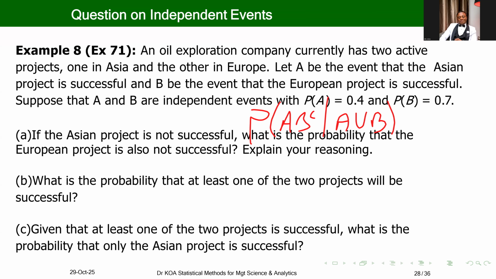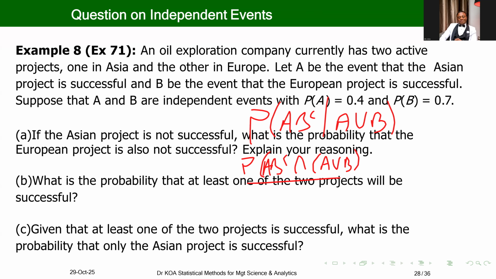But this one, the elements are many. So the numerator can be A intersection B, so it's going to be the probability of A, B complement intersection A union B. That's going to be the numerator.